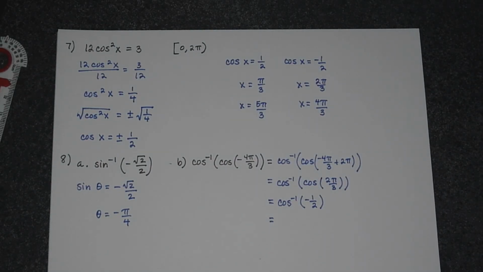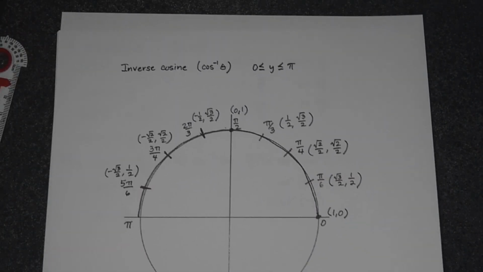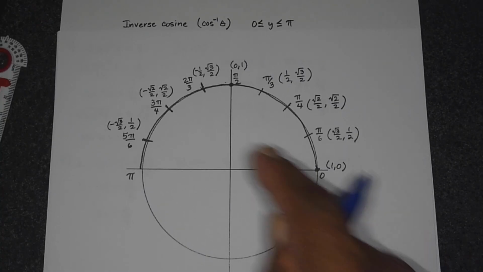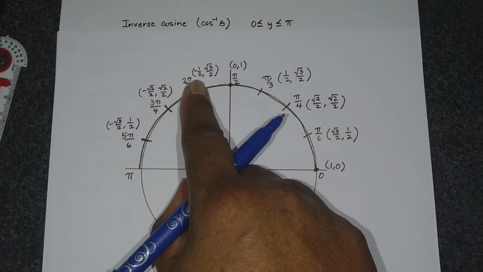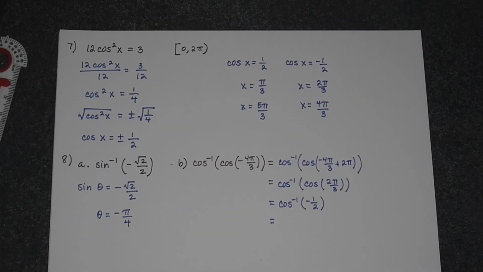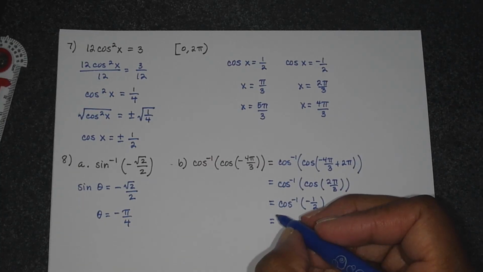Now I'm going to go to the circle that says inverse cosine, which is this right here. Negative 1/2 is here for the x-coordinate, and 2 pi thirds represents the angle where cosine of 2 pi thirds is negative 1/2.